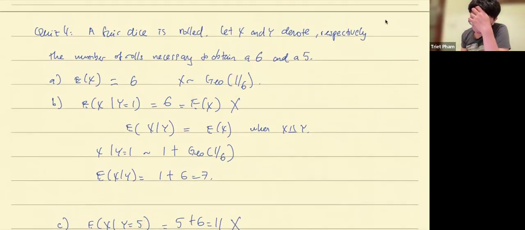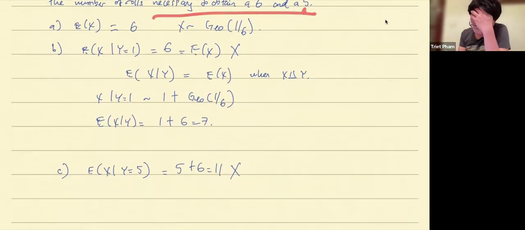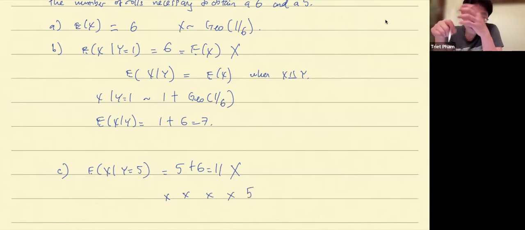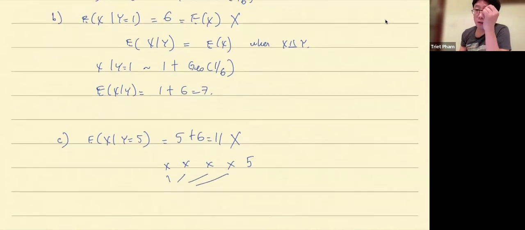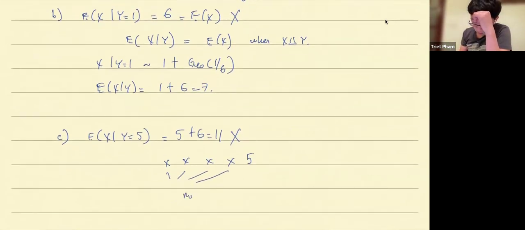Y is the number of tosses to get the first 5. So for the first 5 tosses, you know that the 5th toss is a 5. But you also know that the previous 4 tosses are what? Not a 5.